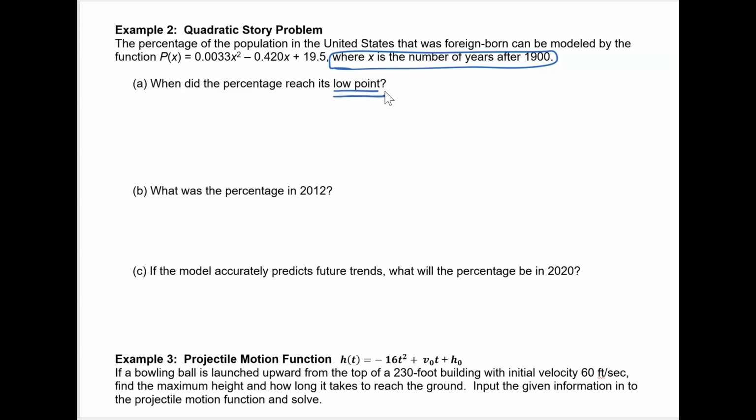Anytime you have a quadratic, remember that's a parabola, either facing up or facing down. In this case, the a is positive, so it's going to be facing up. If we want to know the low point, that's going to be talking about the vertex. So this question is basically just saying, find the vertex. So we're going to do x equals negative b over 2a. That's the formula for the x value of the vertex. So in this equation, my a is 0.0033.